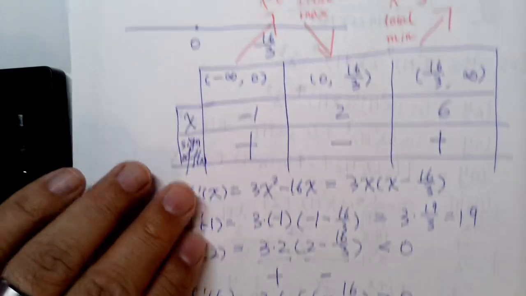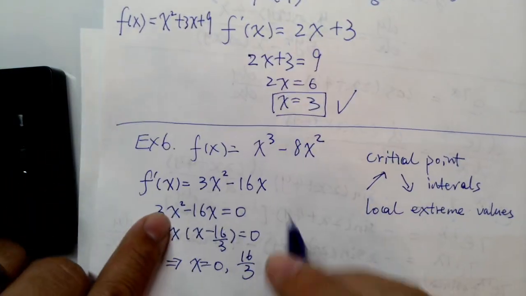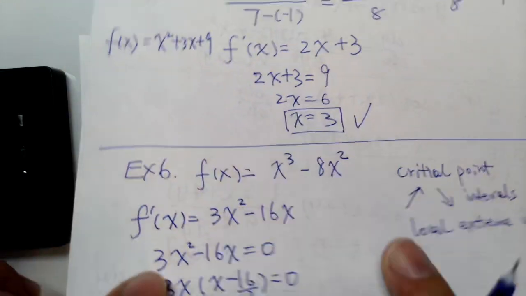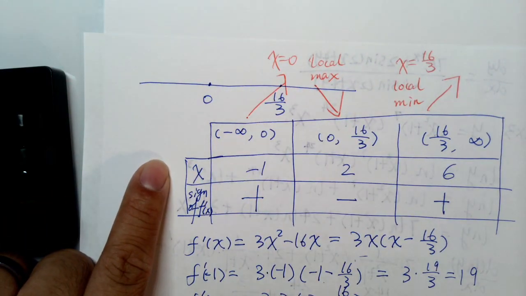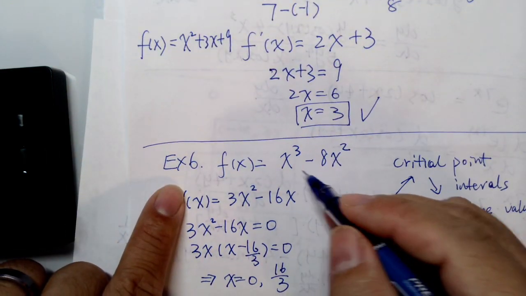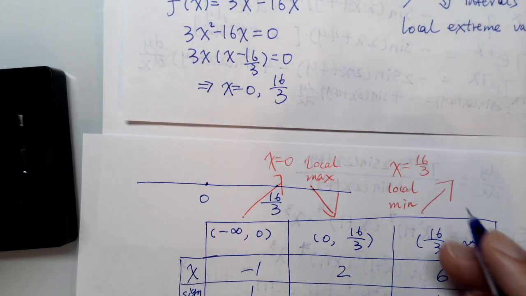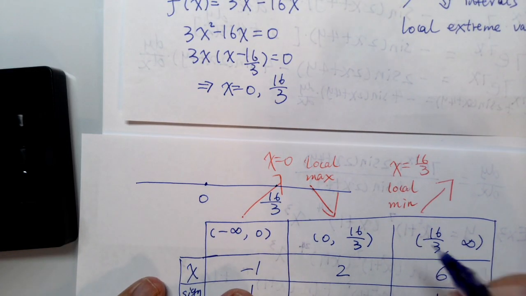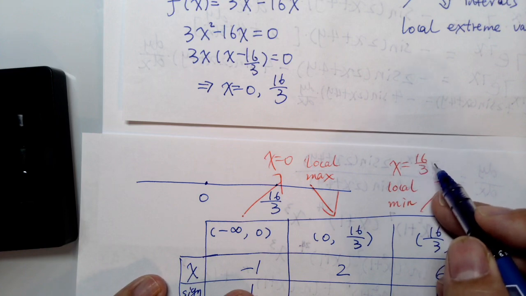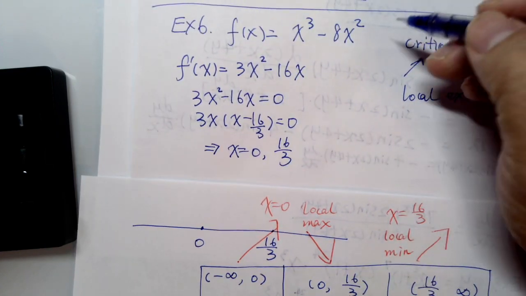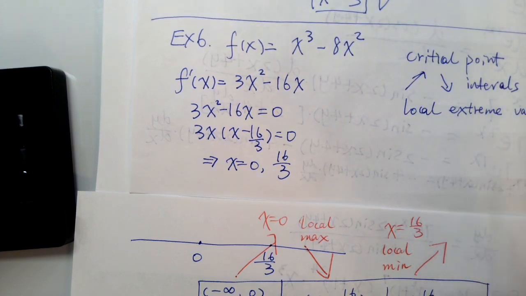So you plug this 0 back into the original function. f of 0 is 0. And if you want to find the local minimum, you need to plug x equals 16 over 3 into the original function to find that specific value.